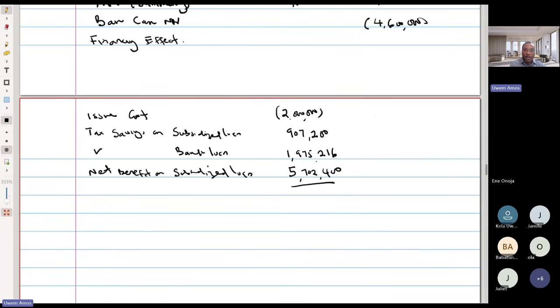So what do we have on our financing effect? 5,702,400, adding from the last one, plus 1,975,216, plus 907,200, minus 2 million. So this is 6,584,816, minus 4.6.